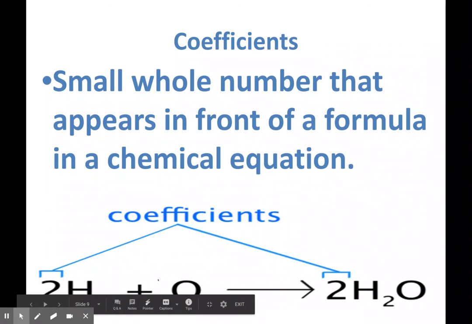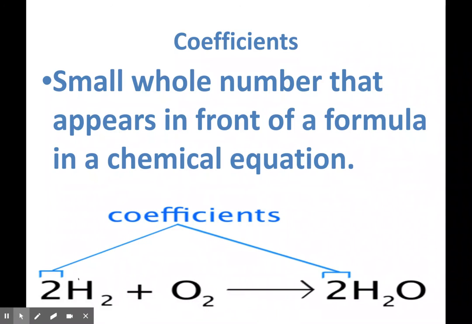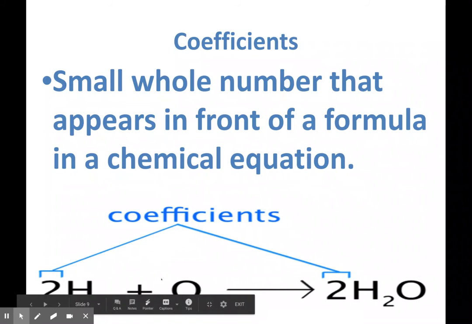Over on this side, we've got a 2 in front of this hydrogen. So on the reactant side, you have 4 hydrogens, and then there is nothing in front of that O2, which, like everything else in chemistry, means a 1. So there we have 2 oxygen atoms in this set right here.